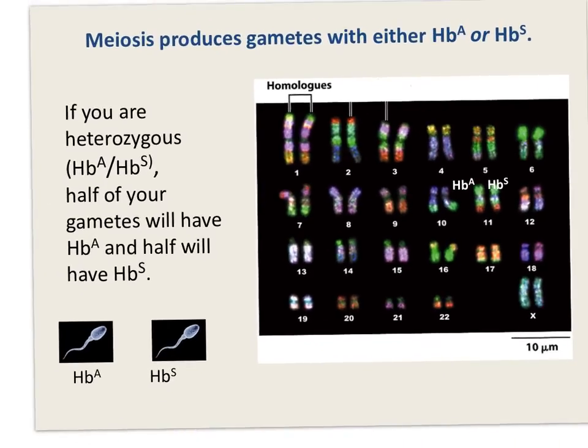Okay, so we're back to sickle cell trait. So if you have a heterozygous genotype, HBA, which is the normal allele, HBS, which is the sickling allele, half your gametes will have HBA and half will have HBS.